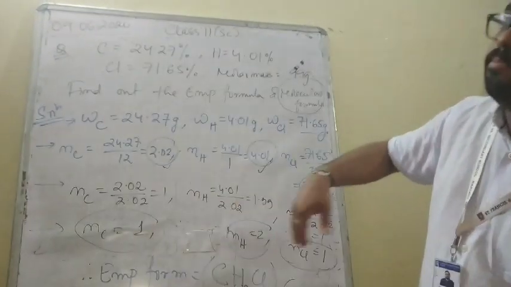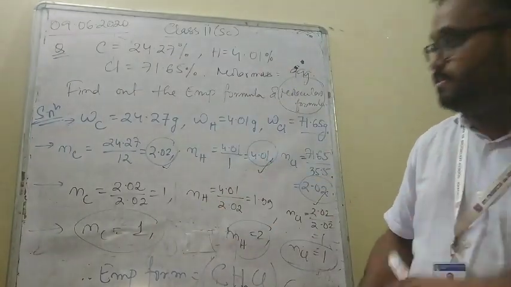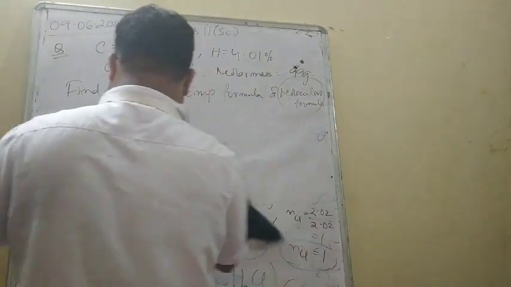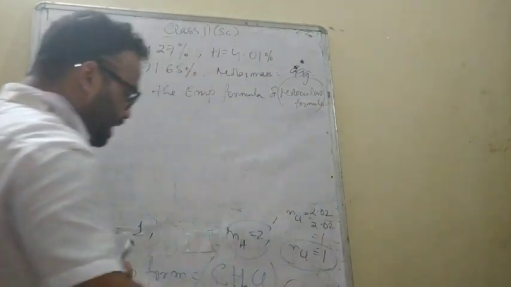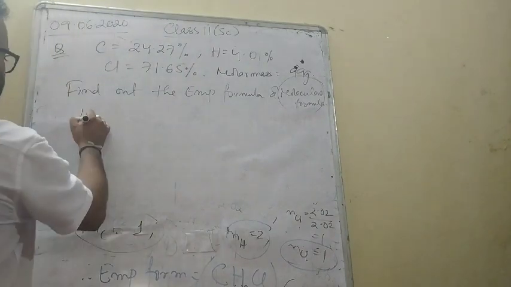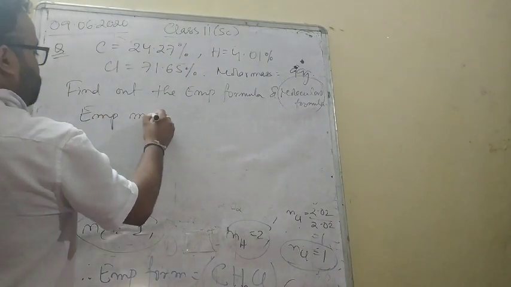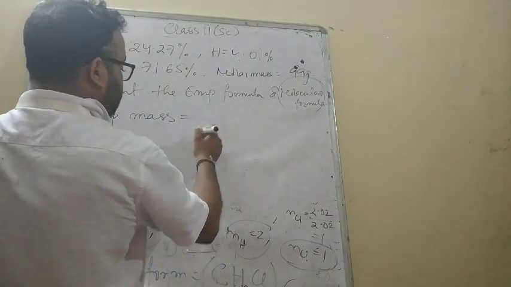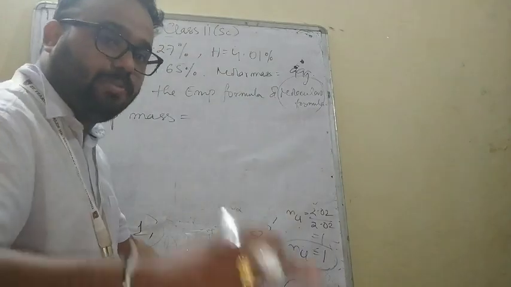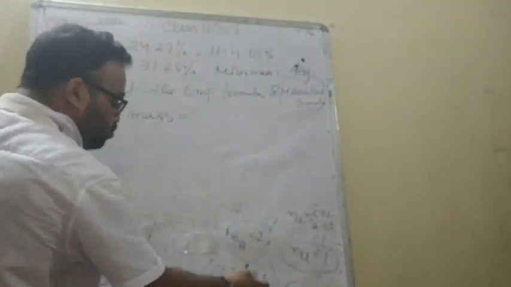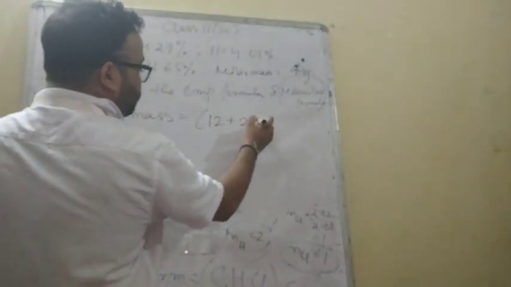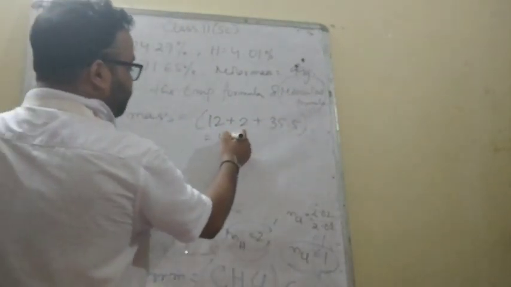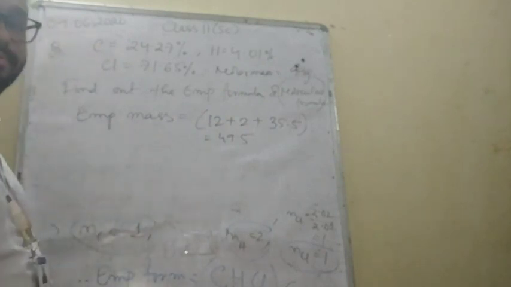Now to find out molecular formula, you have to do 2 more steps. Empirical formula came CH2Cl. Now you take out empirical mass, that is, the mass of the empirical formula. So CH2Cl, the answer will come 49.5.